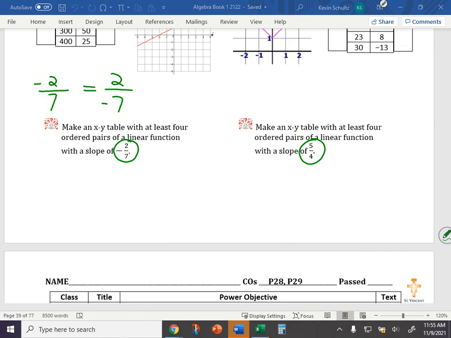Both be going up, or both be going down, because a negative divided by a negative is a positive. Okay? So either your change in y and change in x will both be increasing, or they'll both be decreasing, because negative divided by negative is a positive. Okay? Questions on any of this?